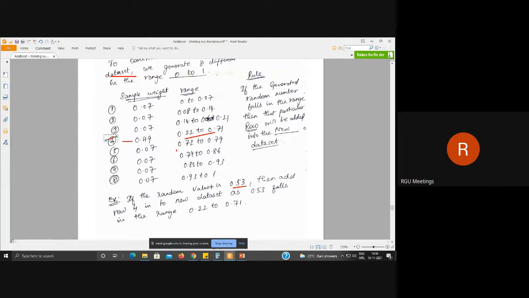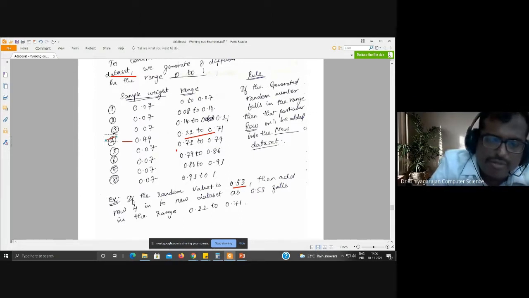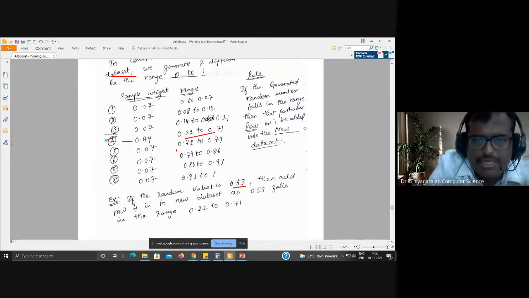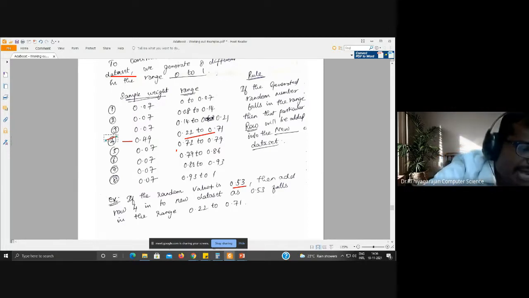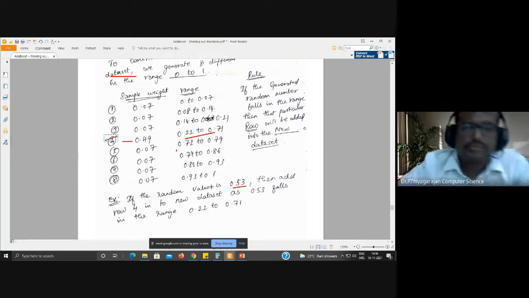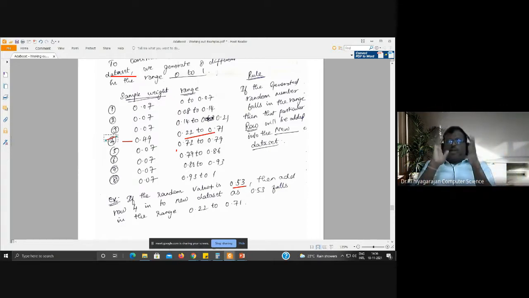Imagine that you have similarly generated 8 different random numbers. If we generate 8 different random numbers from the range, we can easily find out which row will have the higher probability to occur in the new data set. The new data set will be exactly the size of the original data set.